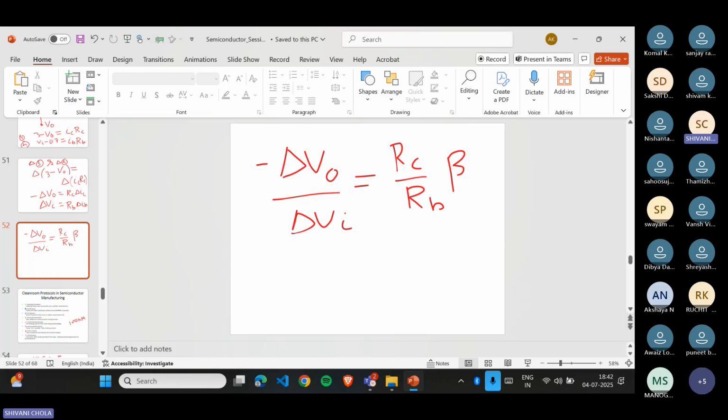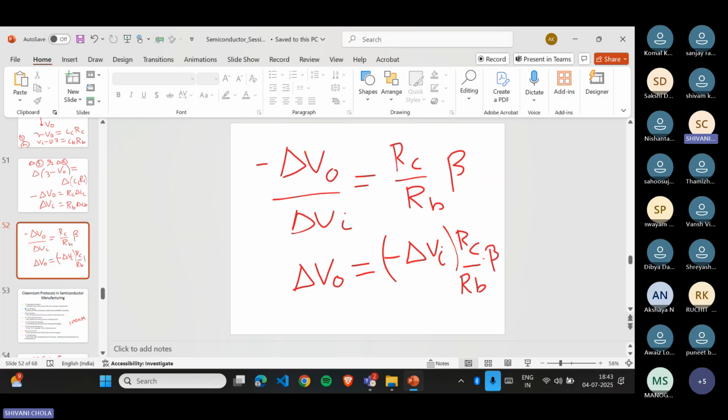Okay. Now do one thing. Let's represent the whole equation in a simplified form: delta VO equals minus of delta VI into RC upon RB into beta.